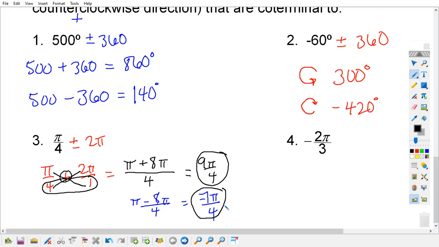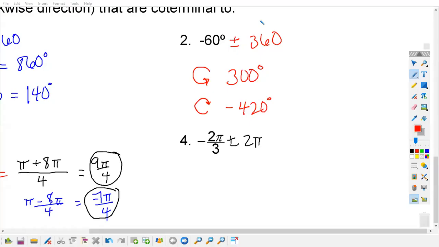All right, your turn with negative 2 pi over 3. And again, make sure you're doing the plus and the minus. All right, so let's make sure we had it set up correctly.